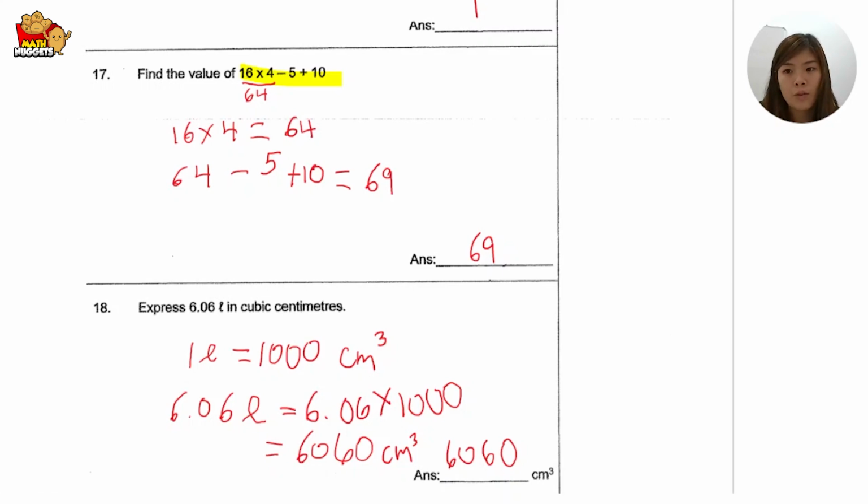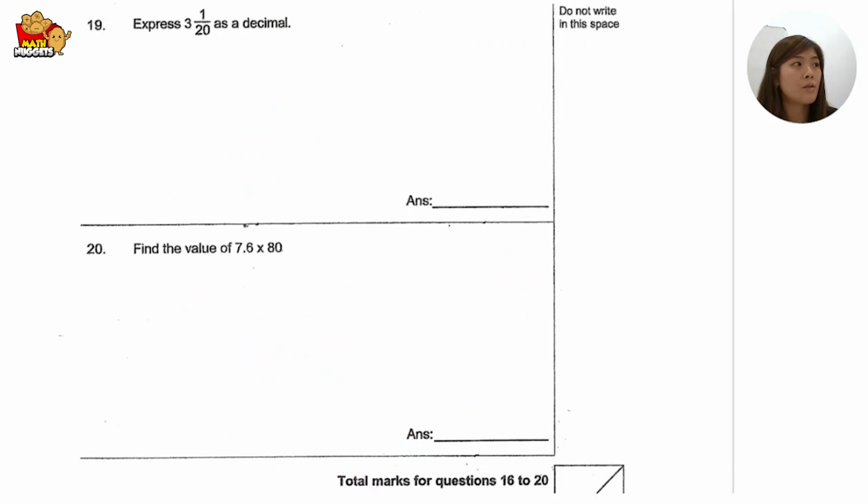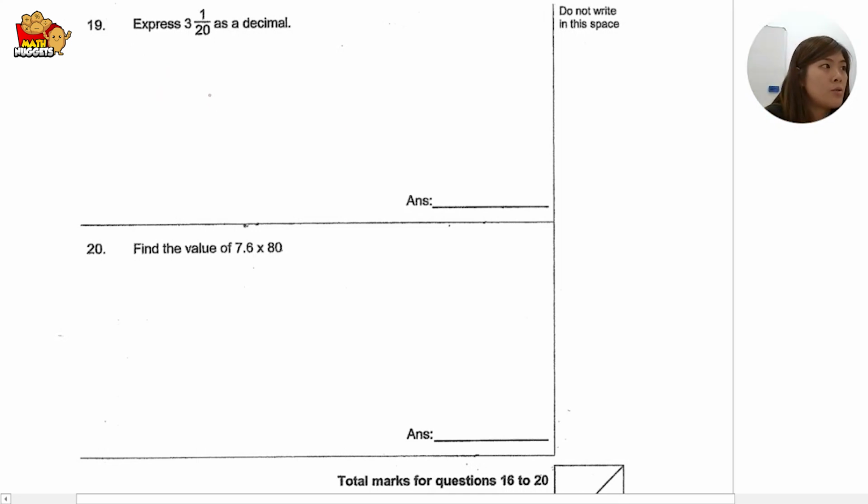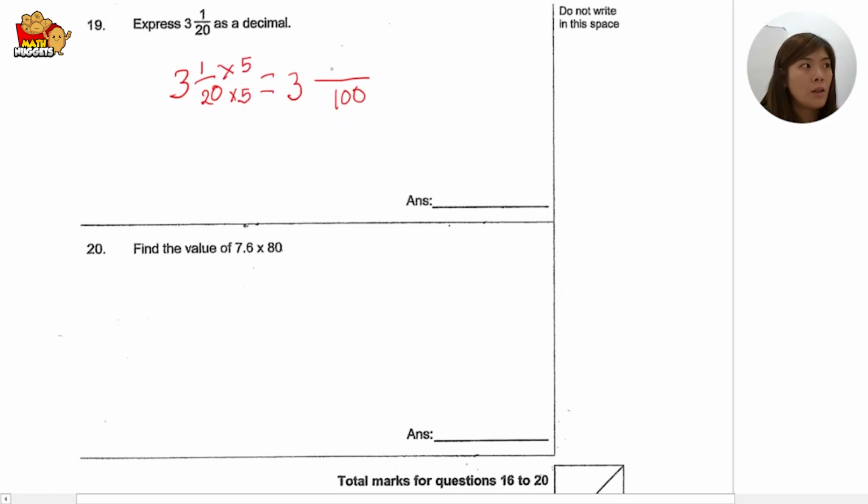So let's move on to question 19. Express 3 and 1/20 as a decimal. Firstly, you try to convert the fraction into a denominator of 100. The 3 will just remain as it is. To change 20 to 100, you need to multiply by 5, so here will be 5 over 100.